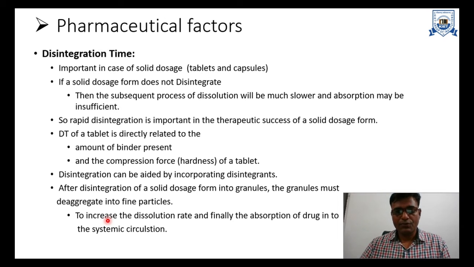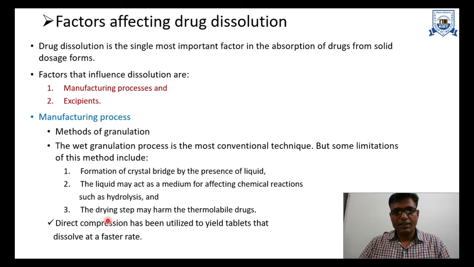If the dissolution rate increases, then the absorption of the drug into the systemic circulation will also increase. So this is a very important factor, because drug dissolution is the single most important factor in the absorption of the drug from solid dosage forms.